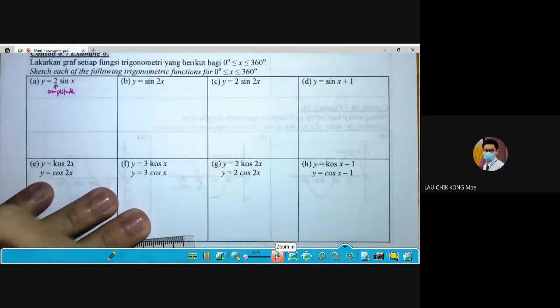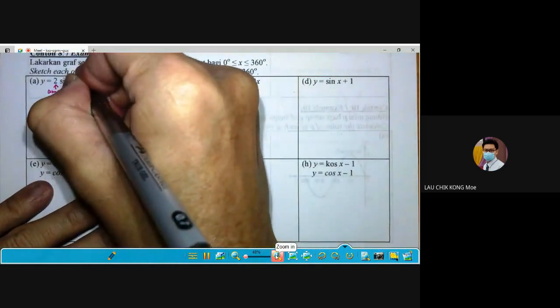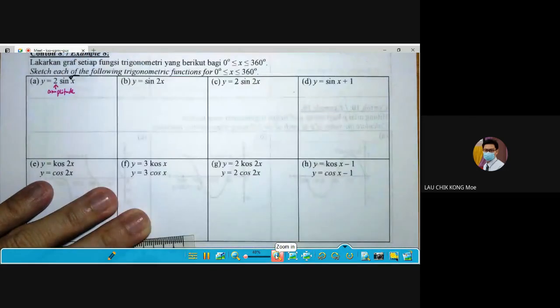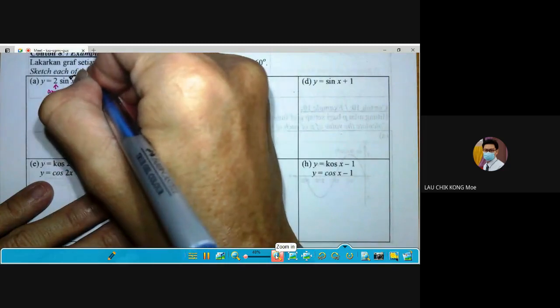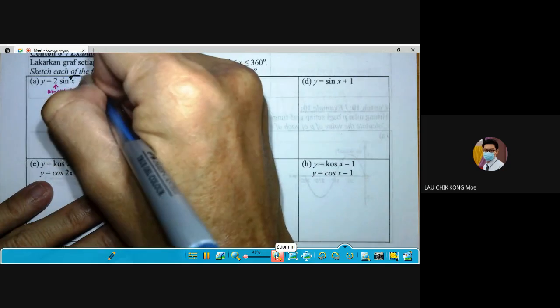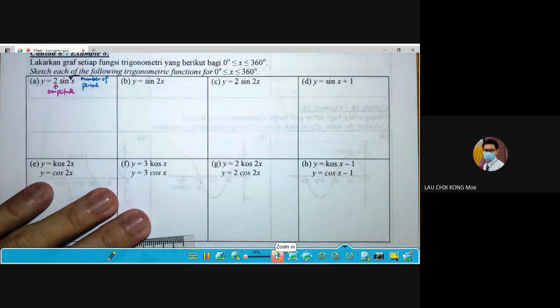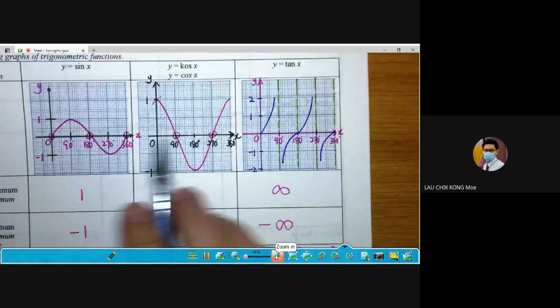And then another value is before the variable x. Before the variable x, this one. So before the variable x here is the number of periods. Number of periods maksudnya berapa ayunan lengkap. Berapa ayunan lengkap. Okay, so this we call one period. All this is one period.